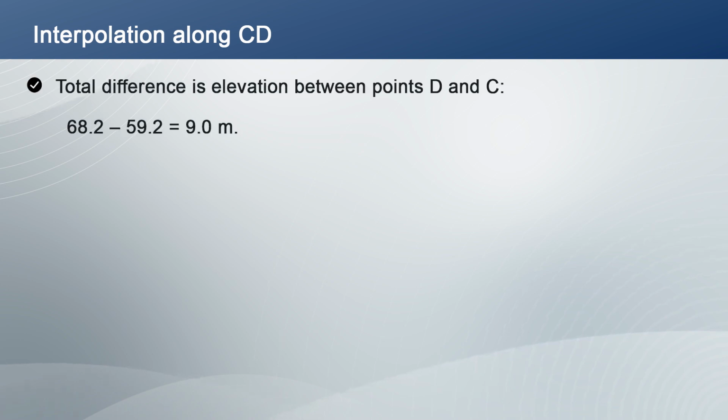Again, let us see the interpolation along CD. The total difference in elevation between points D and C is 68.2 minus 59.2 equal to 9 meter.